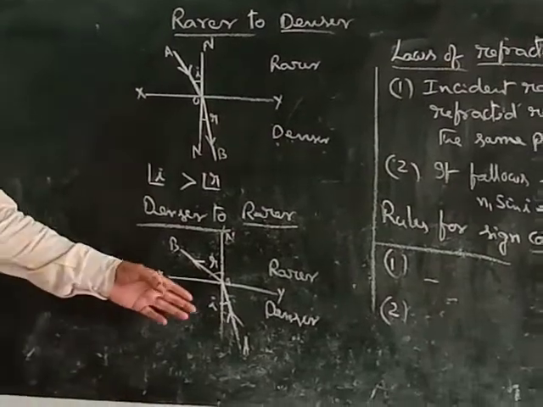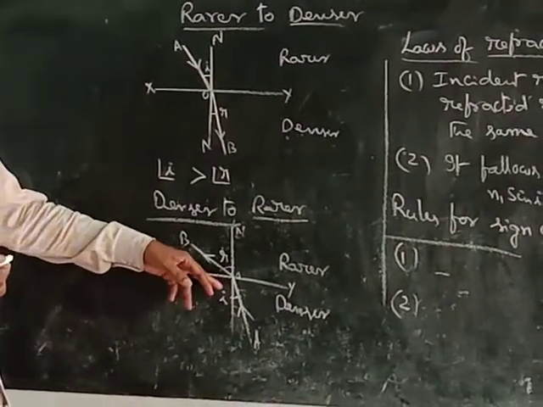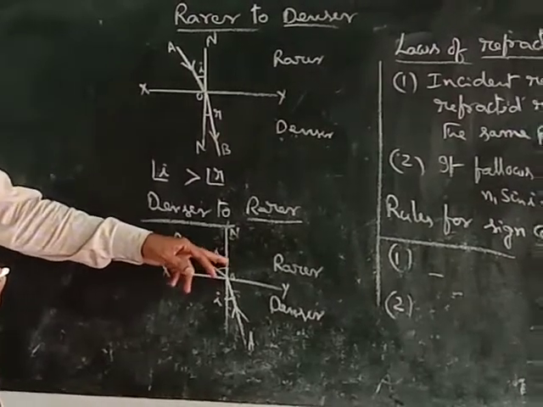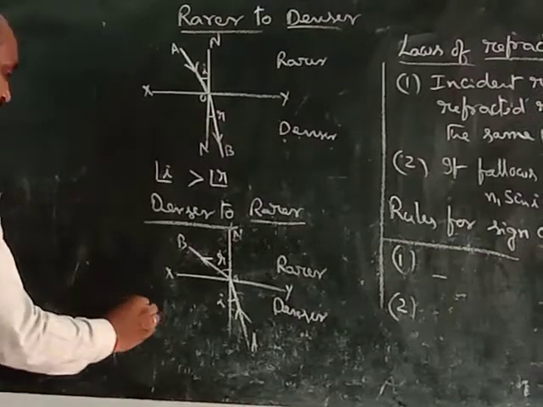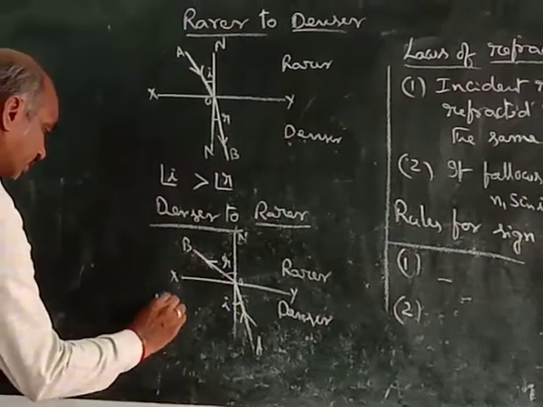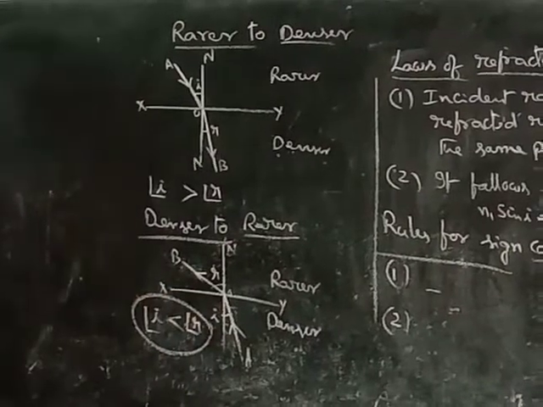After crossing the separation of the two media, the refracted ray moves away from the normal. So in this case, angle I is less than angle R. This is the main one.